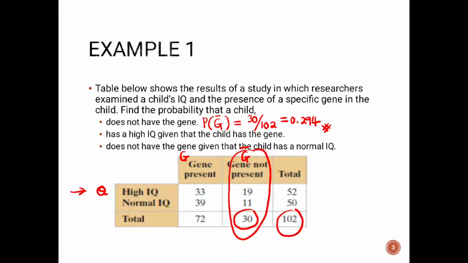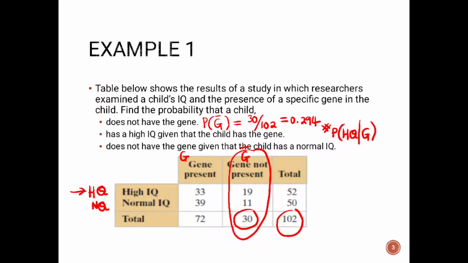So the second question is looking for the probability of high IQ given that the child has the gene.